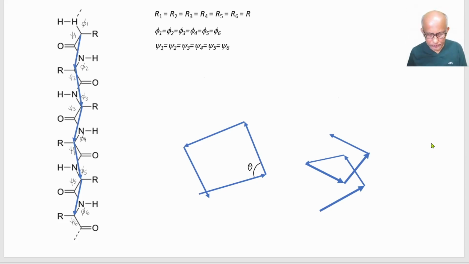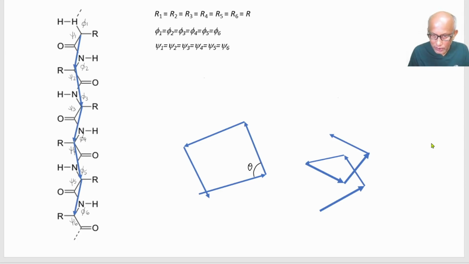Okay. So the basic argument which I am trying to make is that if I have a homopolypeptide in an ordered conformation, that is, R1 equals R2 equals whatever, and all phi angles are the same and all the psi angles are the same, then the conformation of this peptide must be that of a helix.